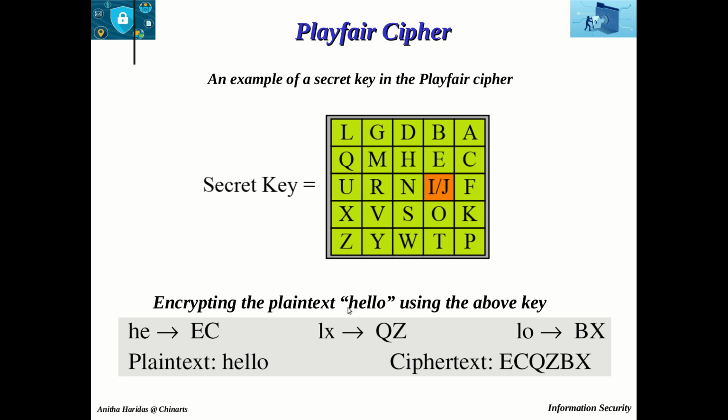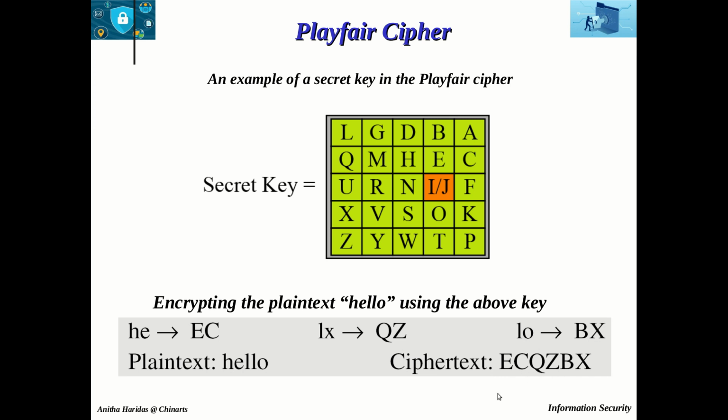So we will have HE, LX and LO. HE will be converted into EC, LX will be converted into QZ, LO will be converted into BX. So for the plain text HELLO, we will have this cipher text.